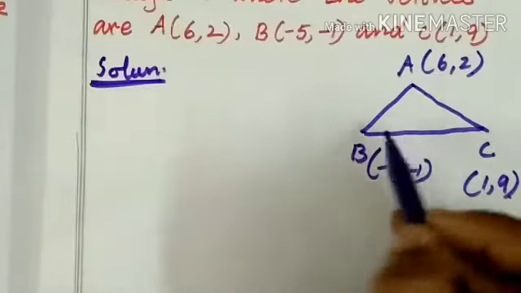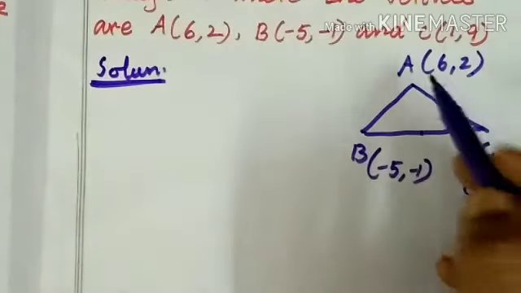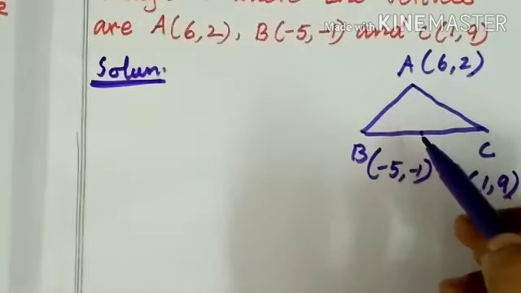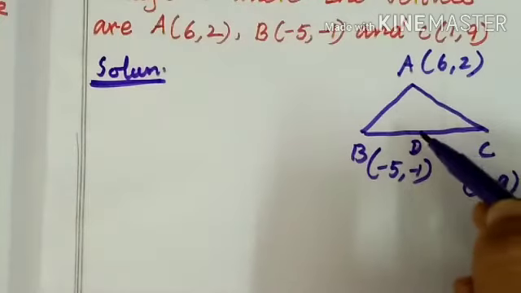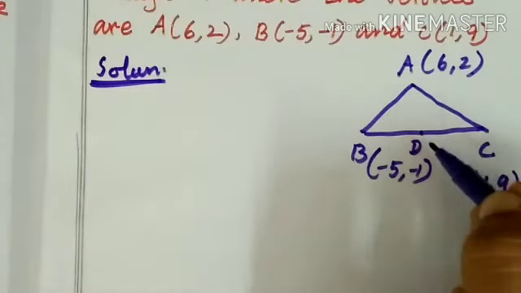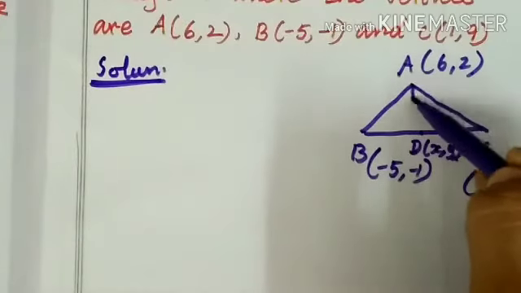Median means first you draw the midpoint of the line BC. It is opposite of the vertex A. Let us assume this midpoint D, it is (x, y). Now you have to join AD.